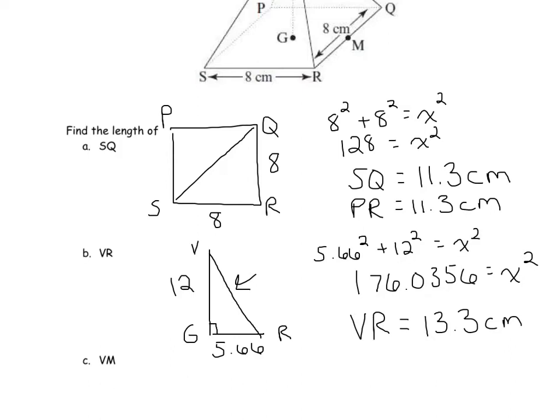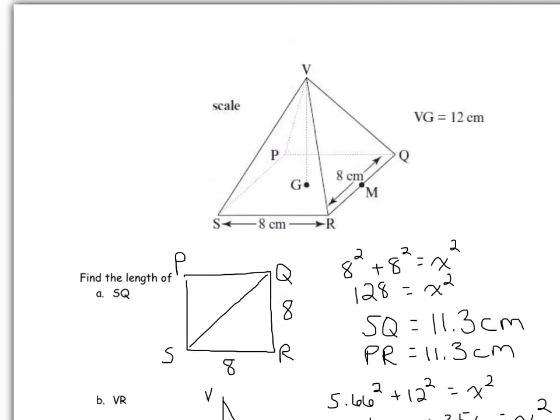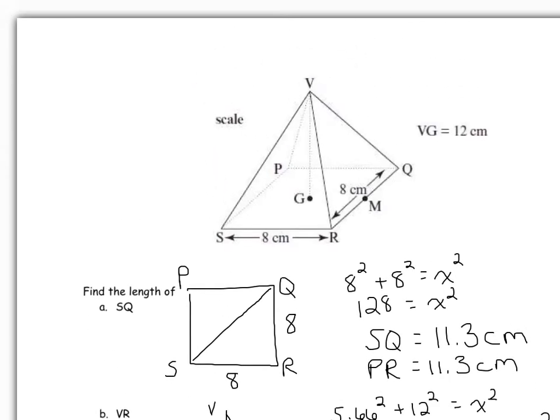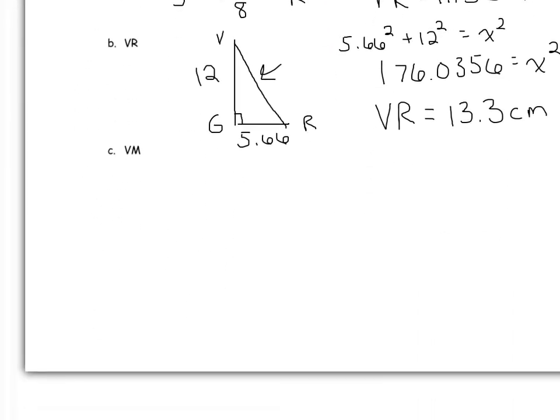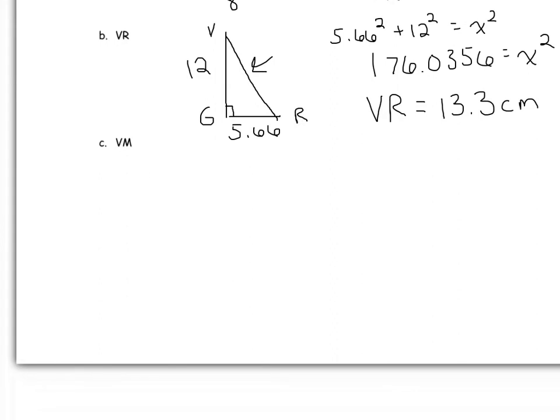Now the next one is VM. That's the height in this side triangle, right there. So let's draw that triangle. That side face is V, R, Q. M is right in the middle.